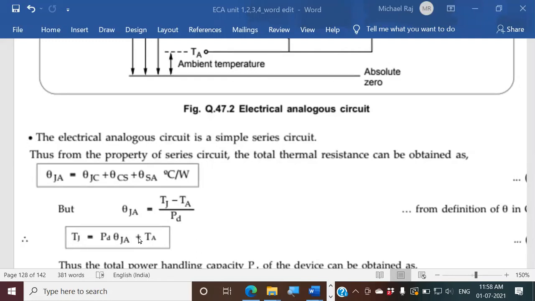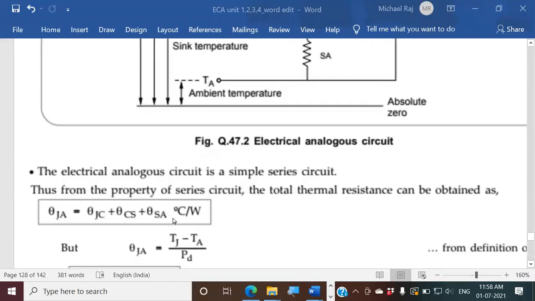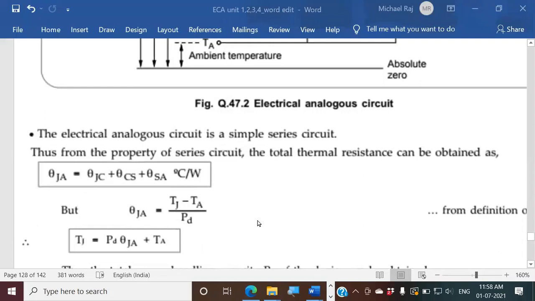Now observe this theta Ja expression very carefully. Theta Ja is Tj minus Ta by Pd. What will theta Jc be? Anybody answer? See, in theta Ja, you have J here, A here. So theta Jc will be what? Listen very carefully.